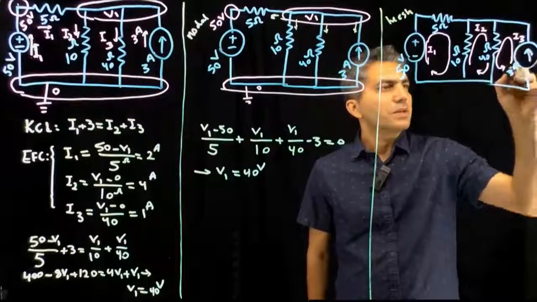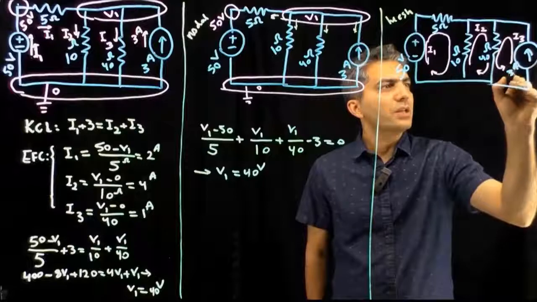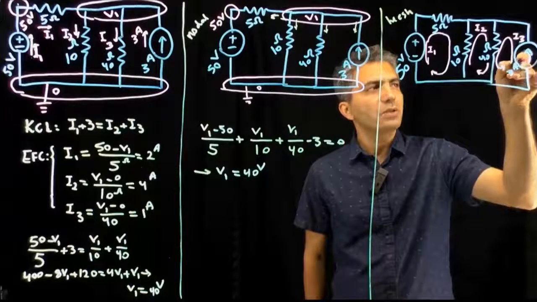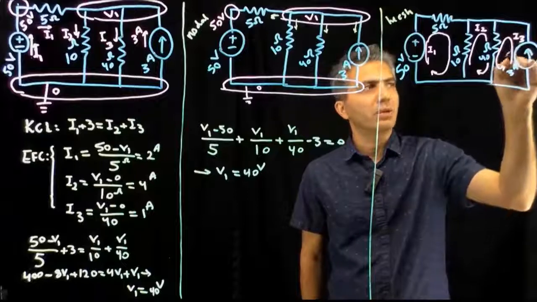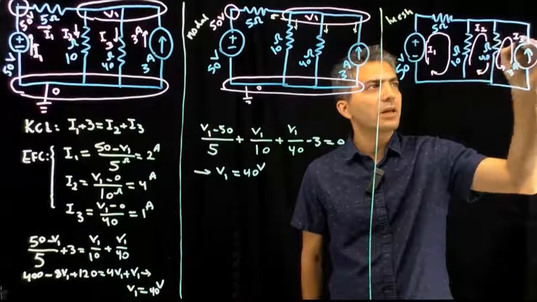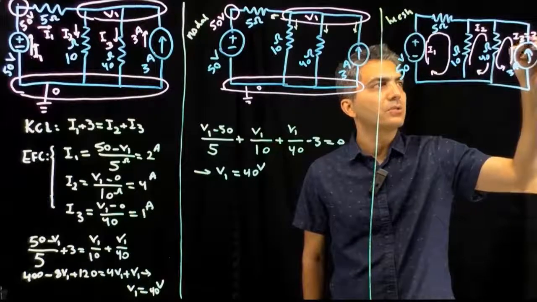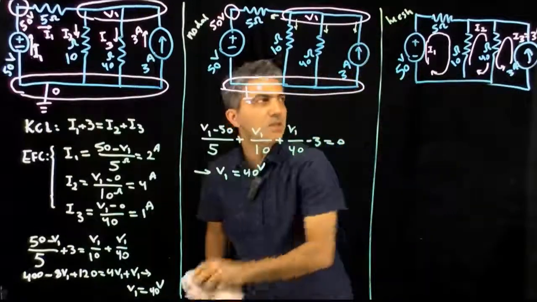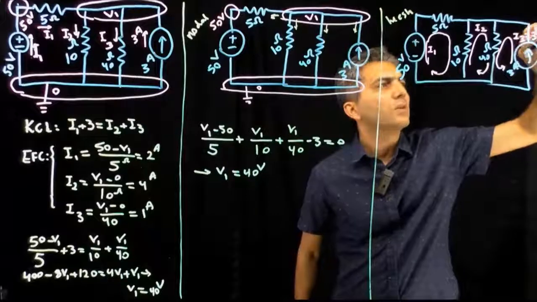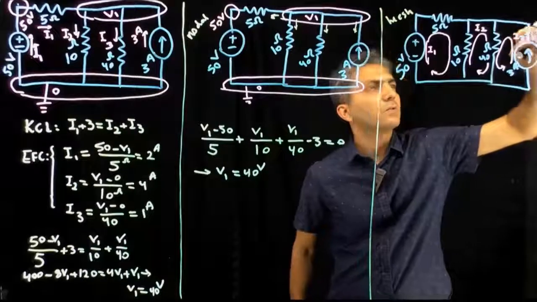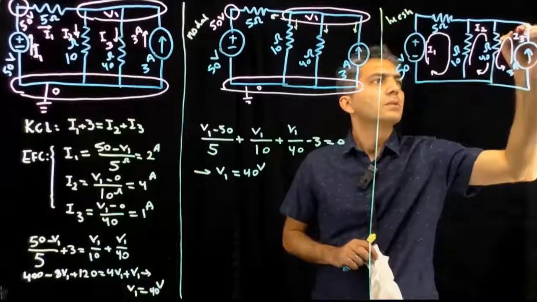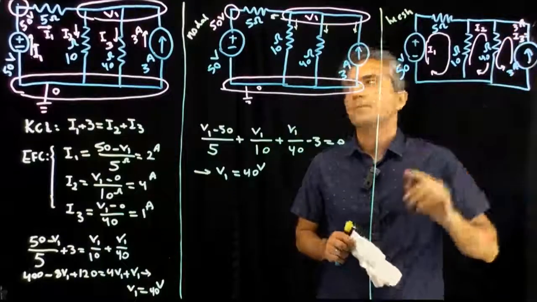Notice that this current I3 is passing through this component, which imposes 3 amps to pass through the component. Therefore, I3 has to be equal to 3 amps. So the current for that specific mesh is known, therefore this is equal to 3 amps.